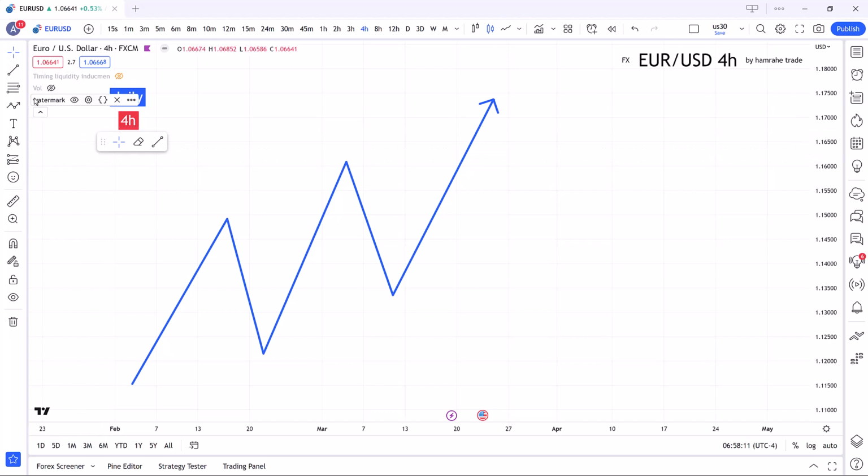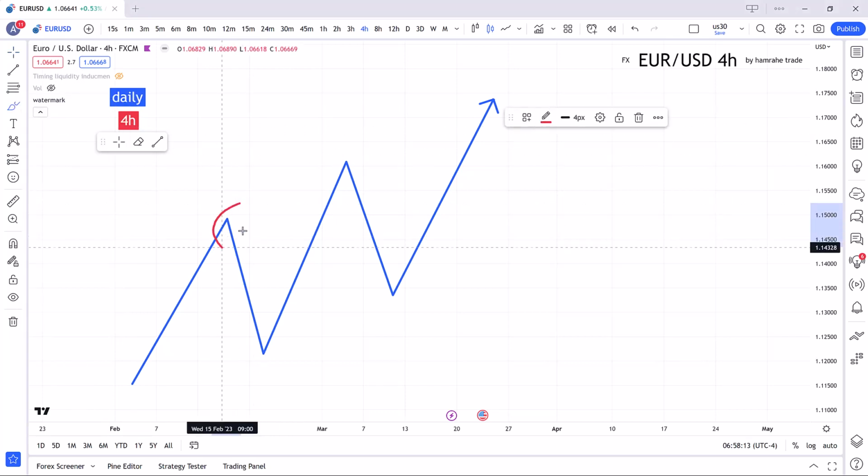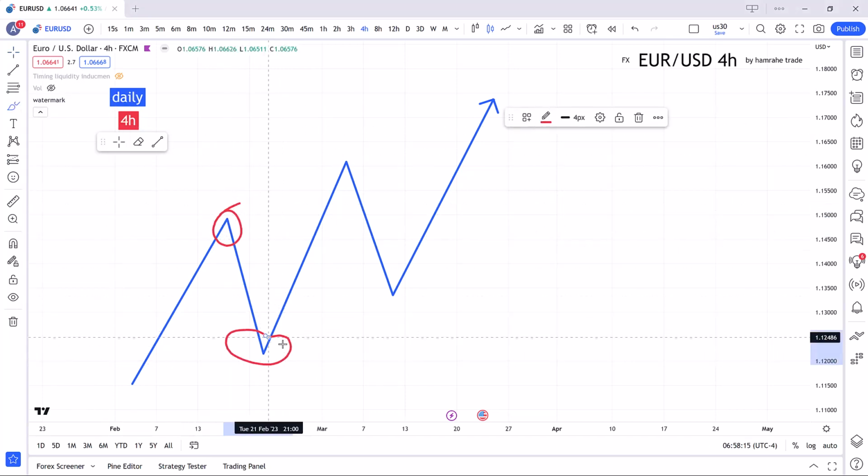For identifying the start of your pullback or the start of your impulsive movement, you should go to lower time frames. For example, if you are seeing the daily like this with no fluctuations or volatility, you go to the 4-hour time frame and you see that volatility, and you identify your range of legs and your minor pivots in the lower time frame, that is going to be 4-hour.